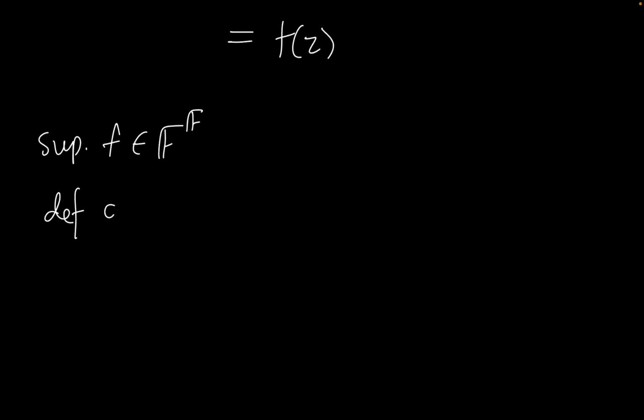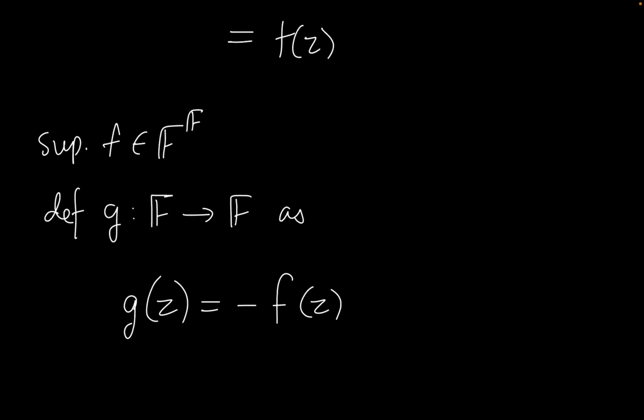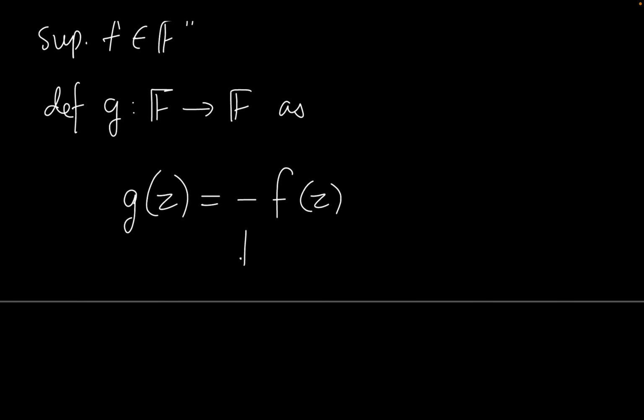So we define g as a function from F to F, as g(z) is equal to negative of f(z). Now I did say I'm going to avoid the use of negative, but we are already assuming that we have the properties of fields established. Technically they are studied more in depth in the course on abstract algebra, but here we're assuming that we have the properties of real numbers established.